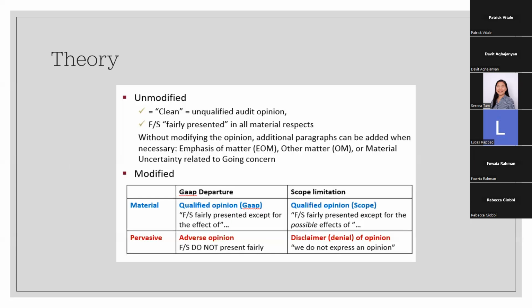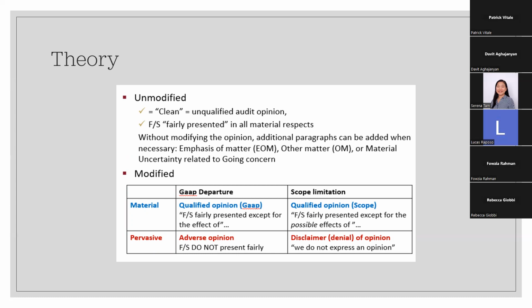You don't have to know this, but maybe the core concept of it: clean is an unqualified audit opinion, where the FS is fairly presented in all material respects. So you can see that here, when we're talking about a qualified opinion, that's not good because the FS are fairly presented except for yada yada.